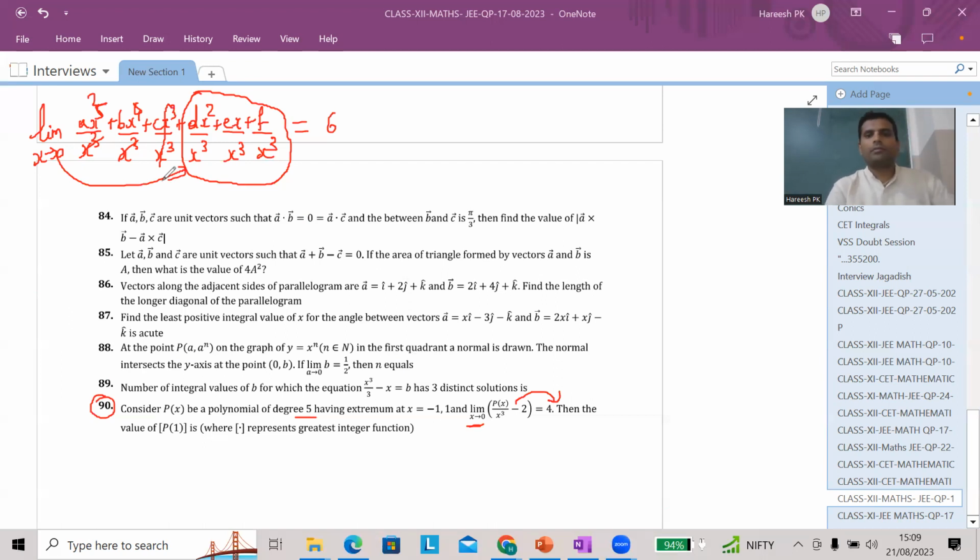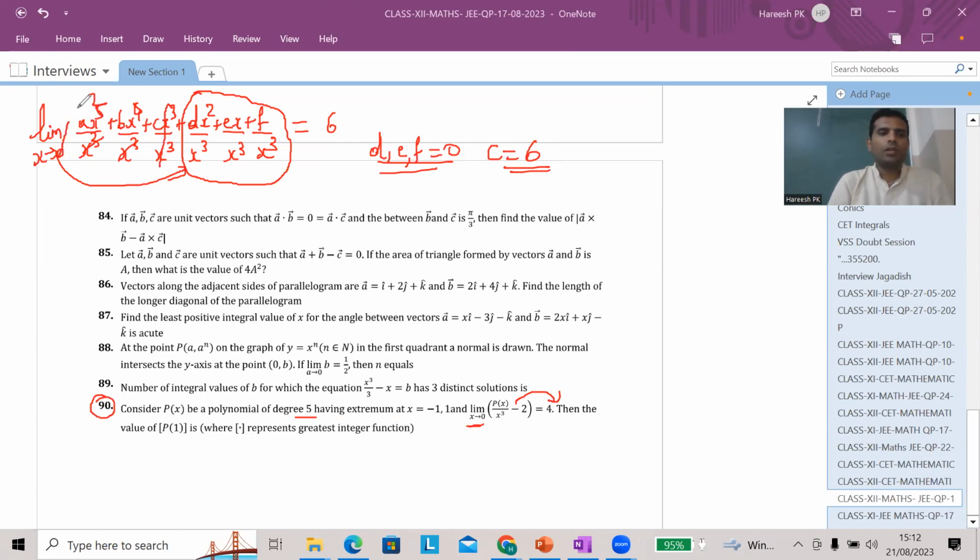But because the limit is a finite value, d, e, f should all be 0. Why should d, e, f be 0? Because if it is not 0, the denominator will become 0 and that will go into an undefined state. So d, e, f is 0. And c should obviously be 6.